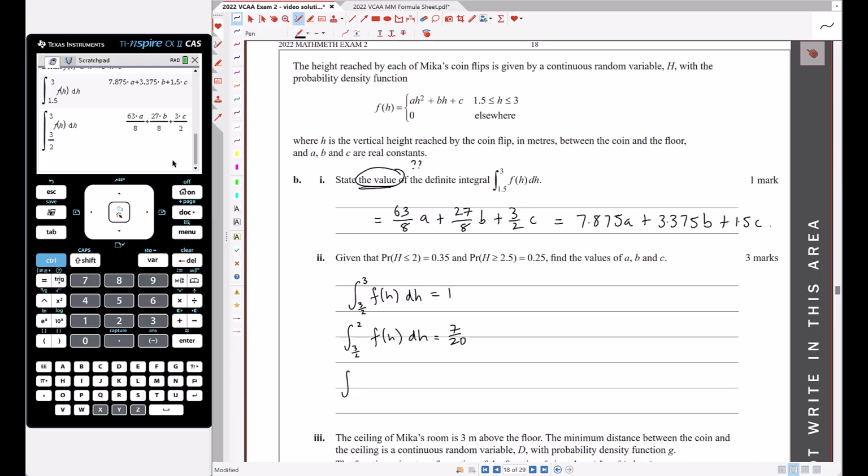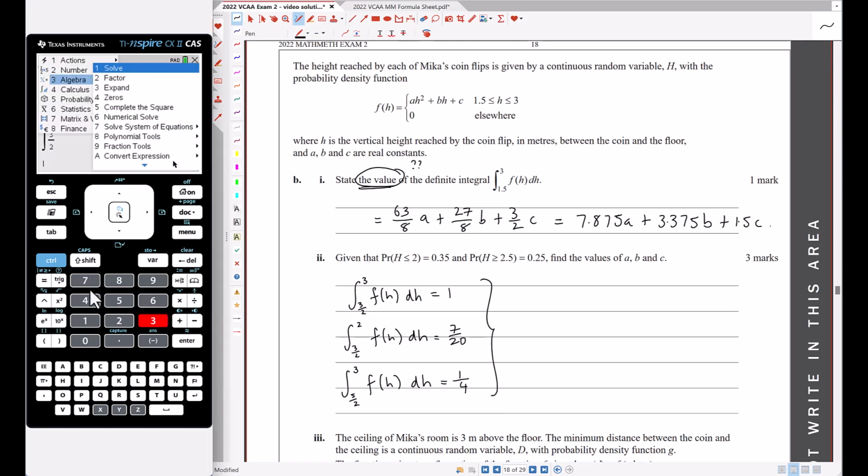And we know that the integral from 2.5, so 5 on 2 up to 3 of f of h has to be 0.25, so that's a quarter. Alright, so we should be able to solve those 3 equations for A, B, and C.